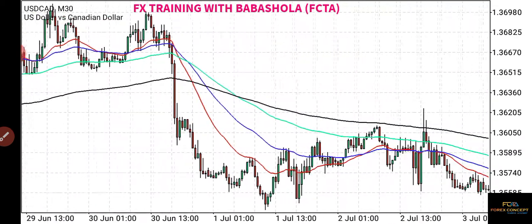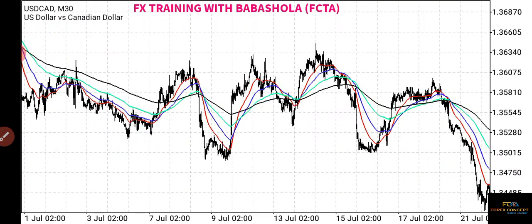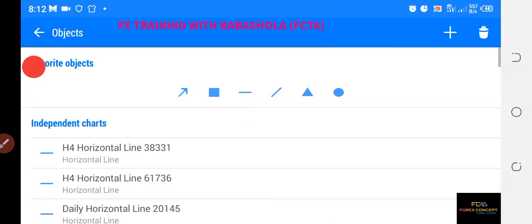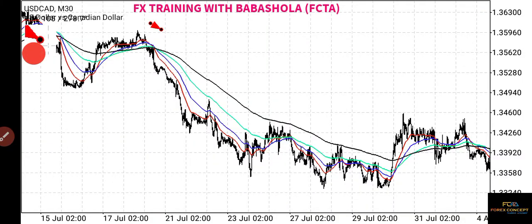However, in a downtrend, what we see is that price will be below the moving average. Look at this example of a downtrend, and you will see that price is below the moving average.